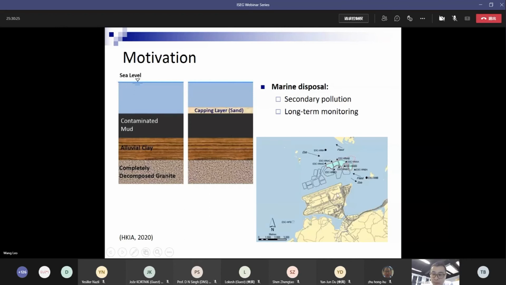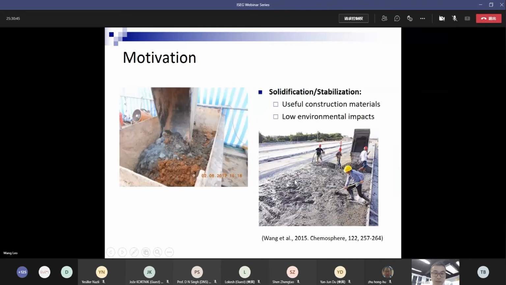For example, in Hong Kong, the contaminated sediment mud pits are located near the Hong Kong airport. With the development of the Hong Kong airport, the sediment should be dredged and transported to other places. So the Hong Kong government wants to design some method to treat such contaminated sediment.